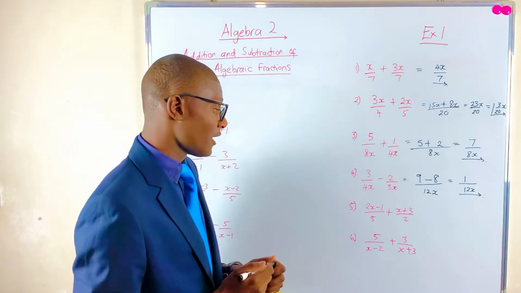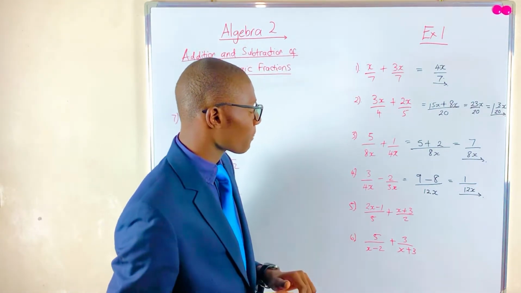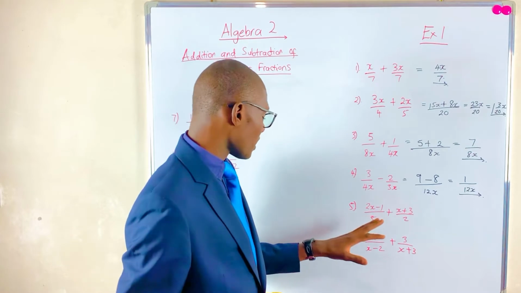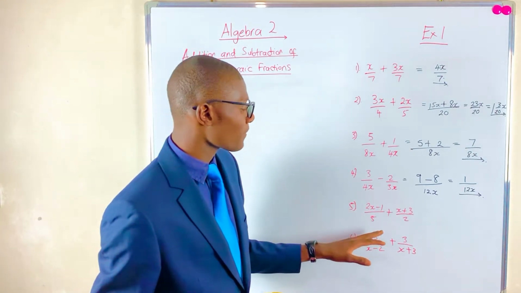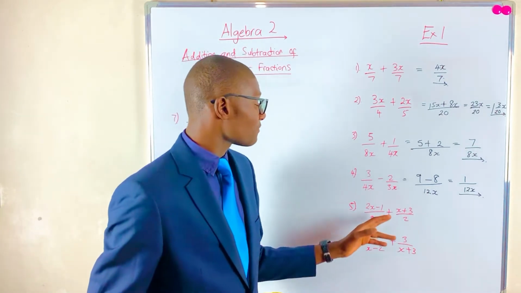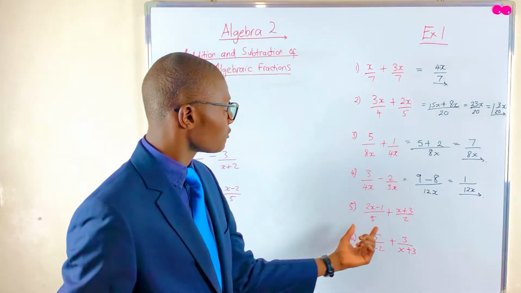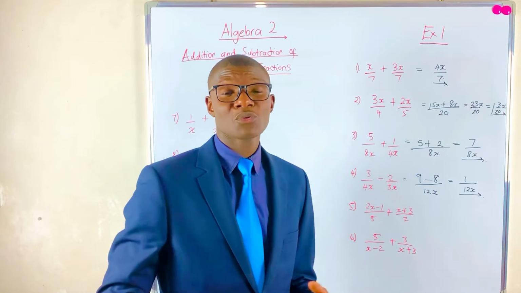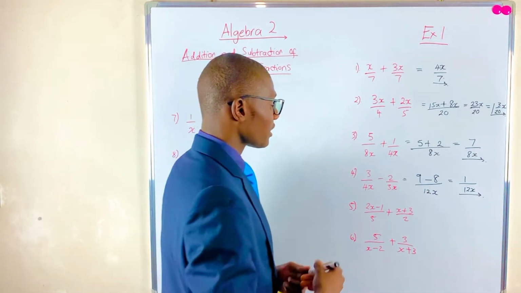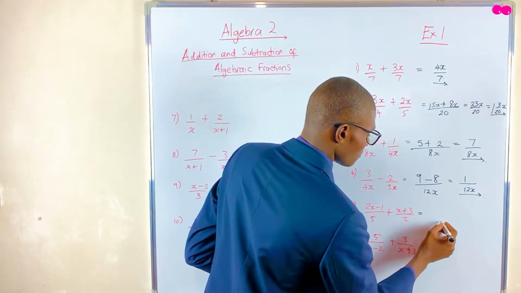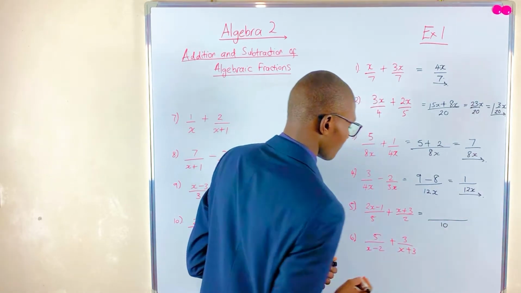And then for number 5, we've got 2x minus 1 over 5 plus x plus 3 over 2. Now the common denominator for 5 and 2, which is supposed to be the lowest common multiple, would be 10. So we shall say over 10, right?